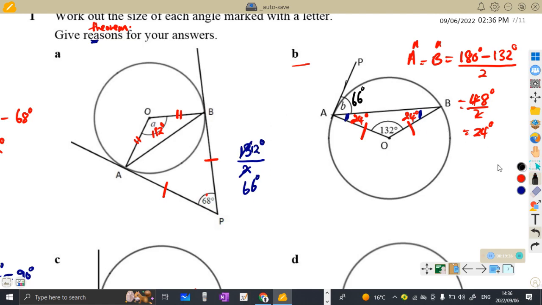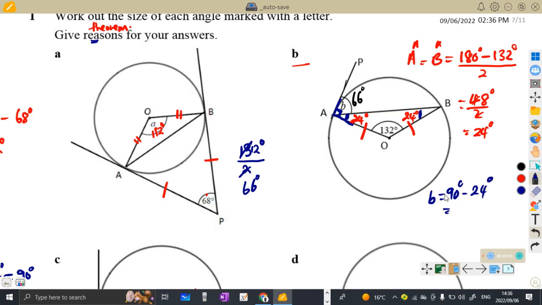Now here there is a radius from O to A, and it meets a tangent, so these two meet at 90 degrees. To find B, we're simply going to say B is equal to 90 degrees minus 24 degrees.